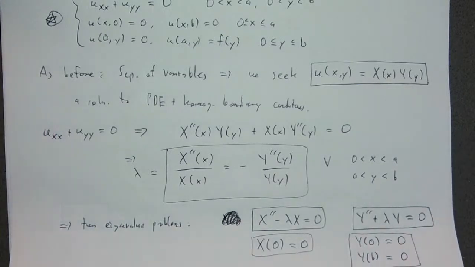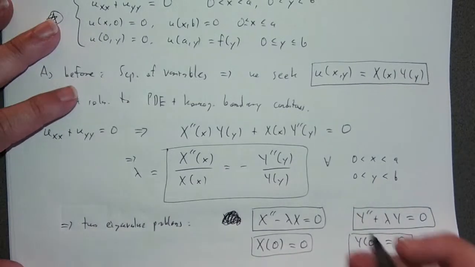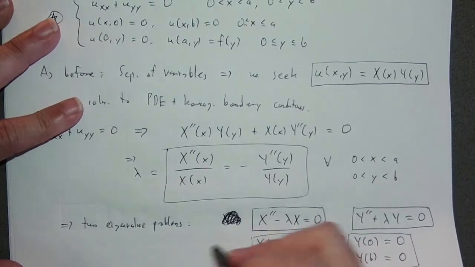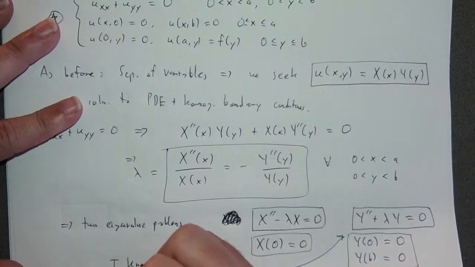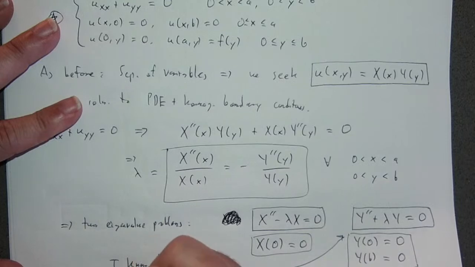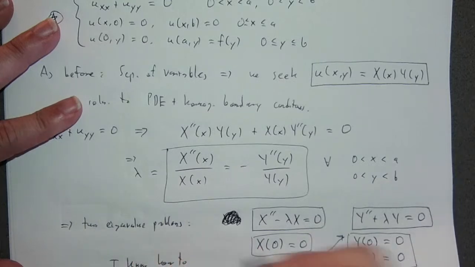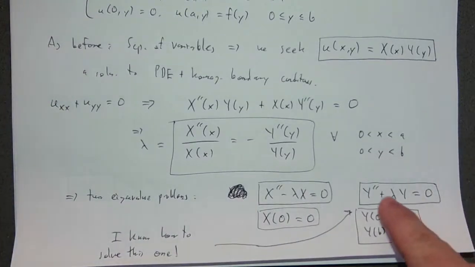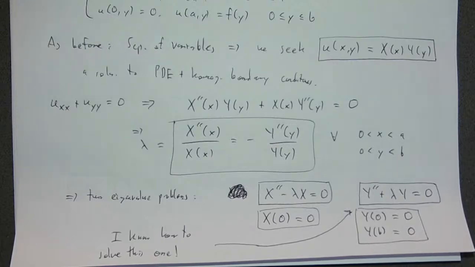This comes from my list. So we solve the y problem first, because we could immediately write out an eigenvalue problem that's on our list of solvable eigenvalue problems. Then we're going to use the eigenvalue lambda found here to solve this equation.